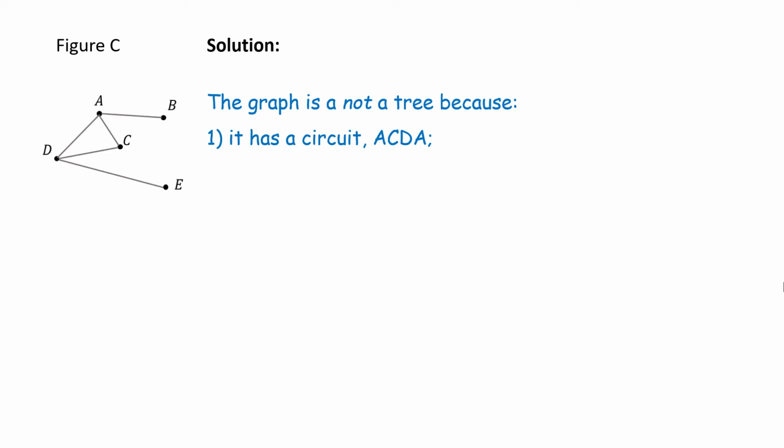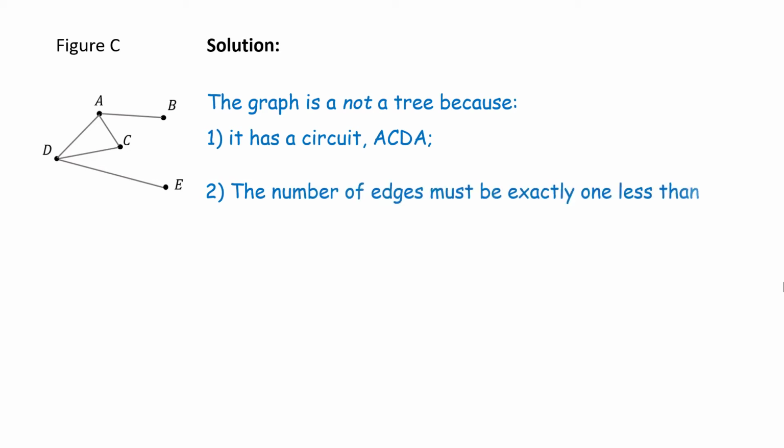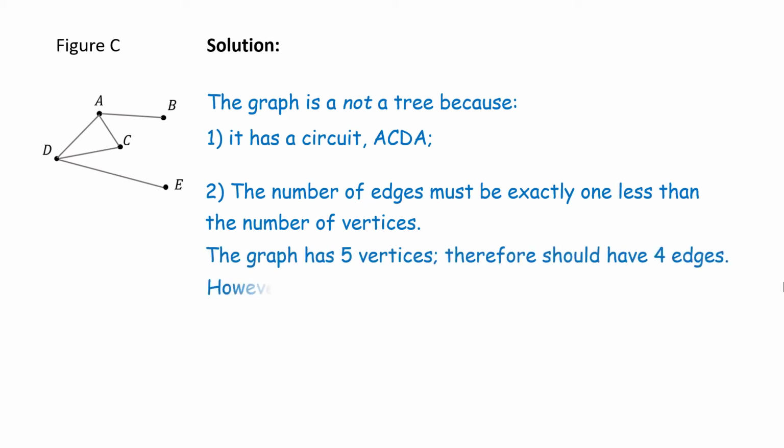That's sufficient to say that the graph is not a tree, but let's go ahead and list another reason. 2, the number of edges must be exactly 1 less than the number of vertices. This graph has 5 vertices, therefore it should have 4 edges. However, the graph has 5 edges.